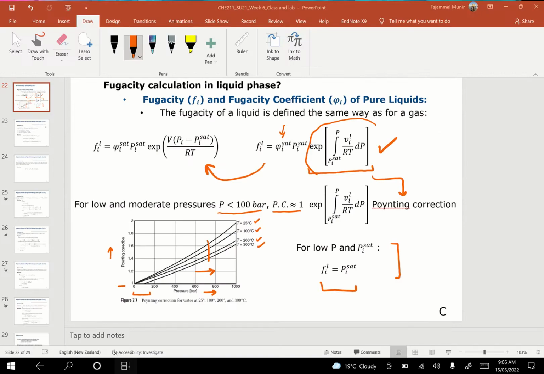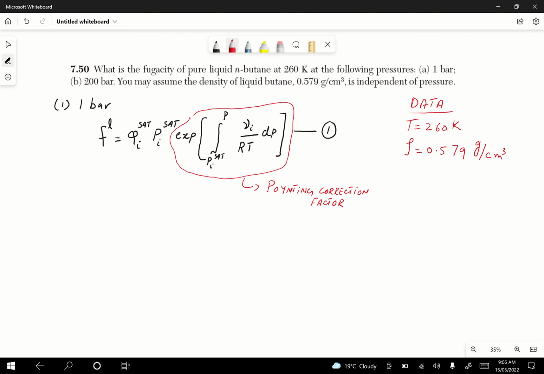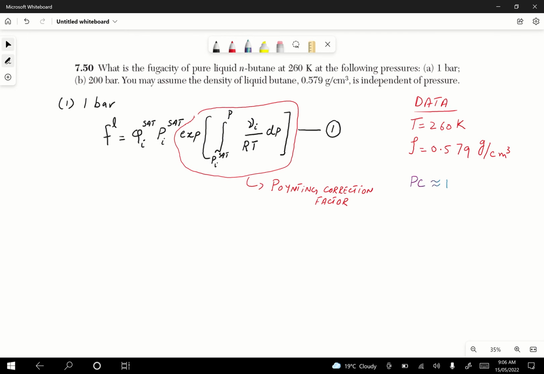Now, for part A the pressure is 1 bar, so the Poynting correction factor is approximately equal to 1, and the fugacity coefficient is also equal to 1, because pressure is low.